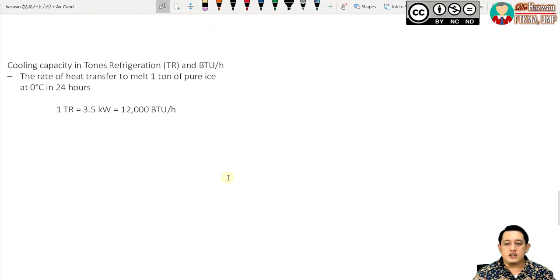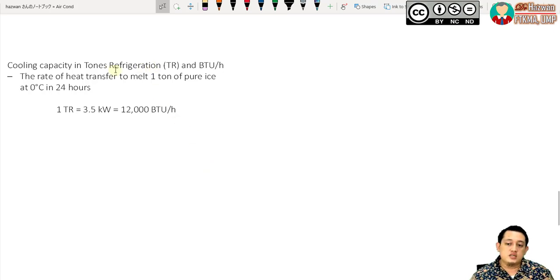Okay, next, the relation of tons refrigeration and BTU per hour. We have cooling capacity, which we usually write in kilowatts. But if we refer to an aircon template or something, sometimes they use tons refrigeration, sometimes they use BTU per hour.